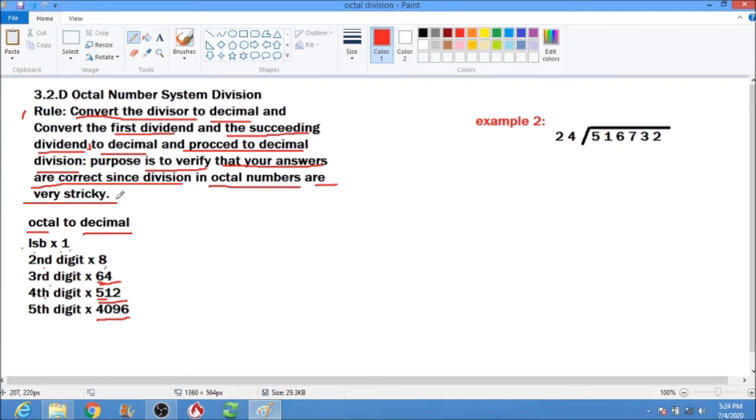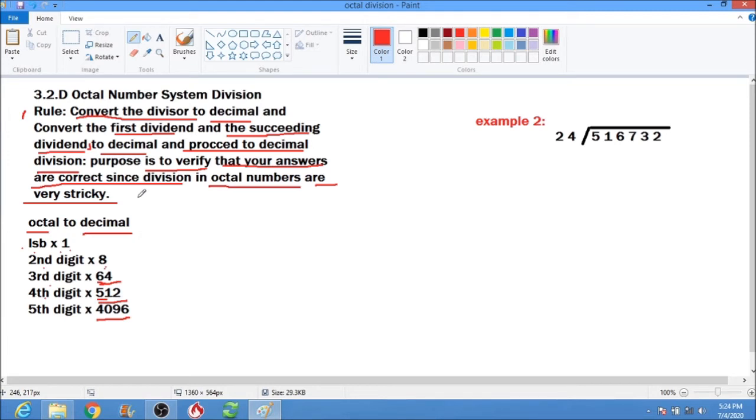As I said, it is difficult to divide octal numbers since we are not familiar with those divisions. We use in daily lives the decimal division.